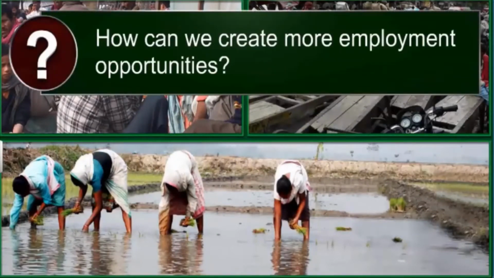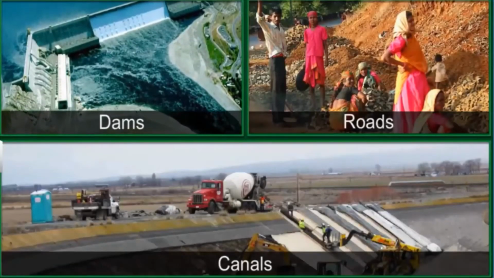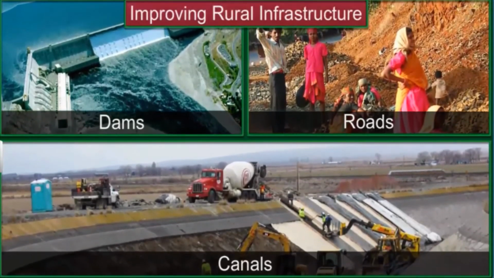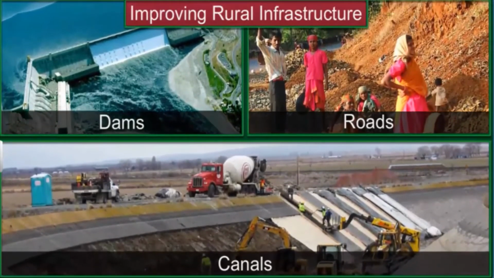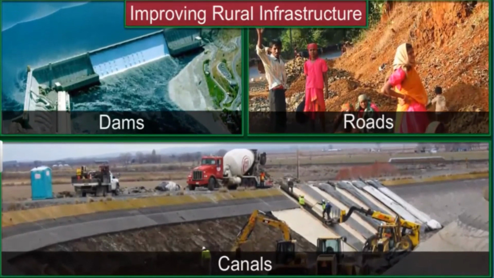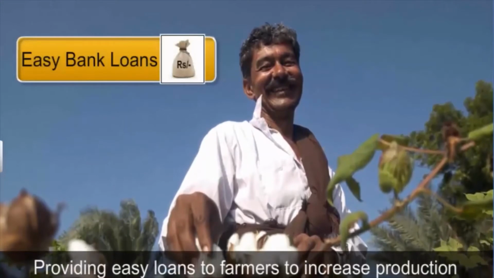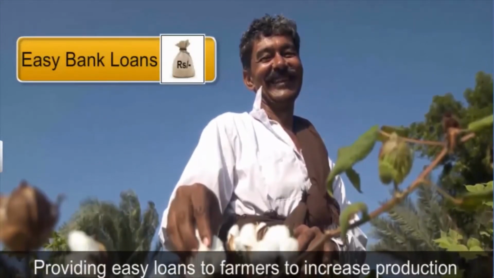Building dams, roads and irrigation canals to improve rural infrastructure can generate a lot of employment for local people. Providing easy, affordable loans to farmers to increase production also helps in reducing underemployment in the primary sector.